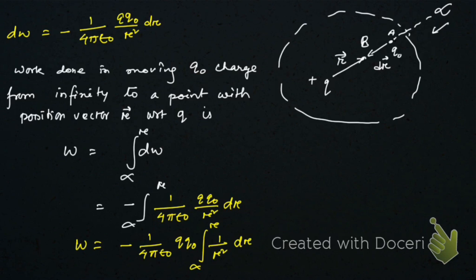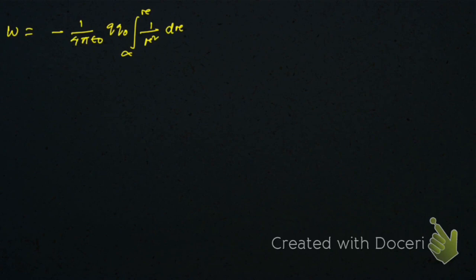Now let me go to the next slide. So here is the expression that we have got, right? Now if you integrate 1 by r squared, that's going to be minus 1 by r, and this minus will be plus after integration, that is 1 by 4 pi epsilon naught q naught.